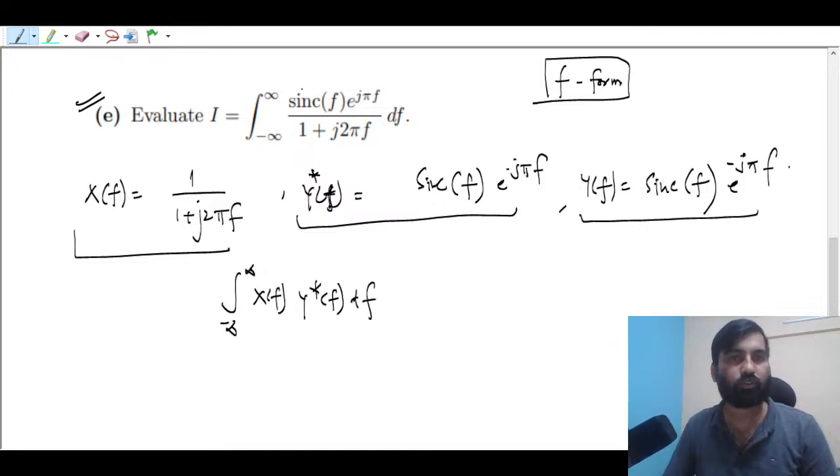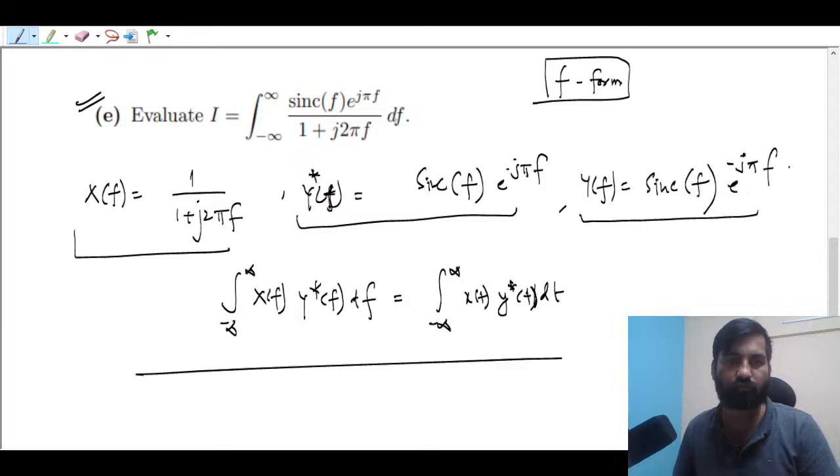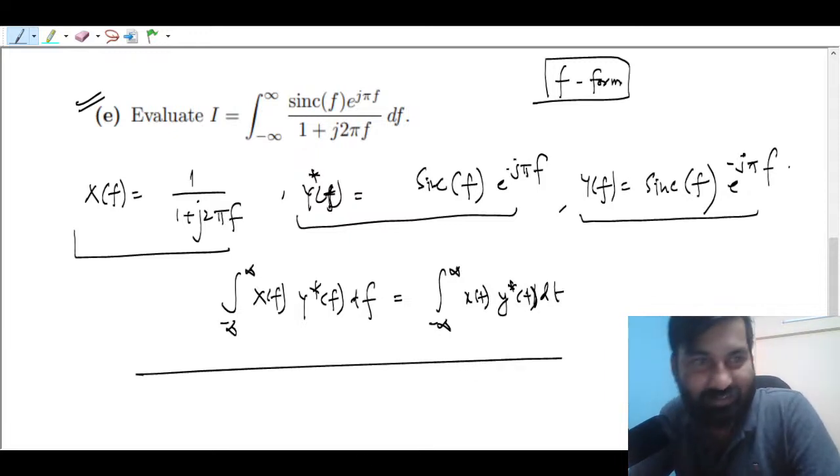The Y conjugate of f is given, so if you remove this conjugate, it becomes minus. Now this is equal to, in the time domain, the integral from minus infinity to infinity of x of t y conjugate of t dt.